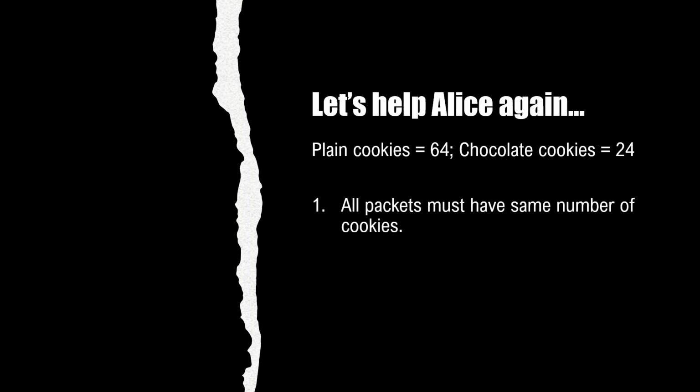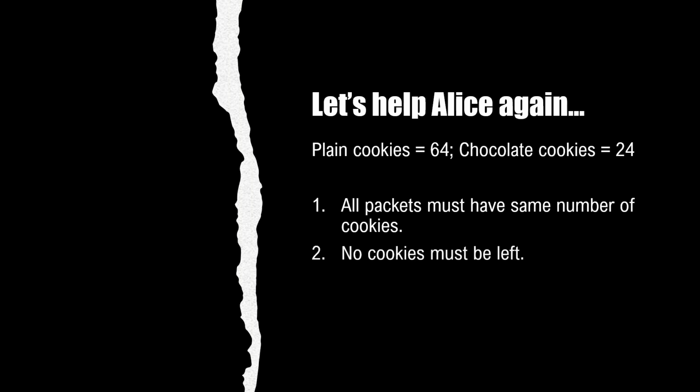Before we start solving the problem, let us break down the word problem into small steps. We have learned already how to break down problems into small steps. So we have got 64 plain cookies and 24 chocolate cookies. What is the problem? All packets must have the same number of cookies.